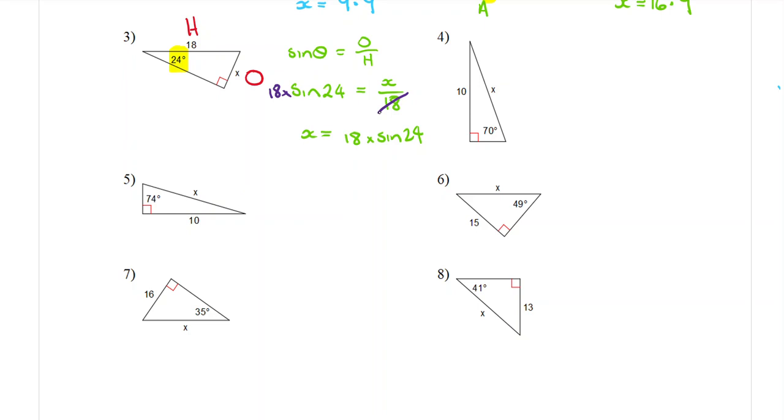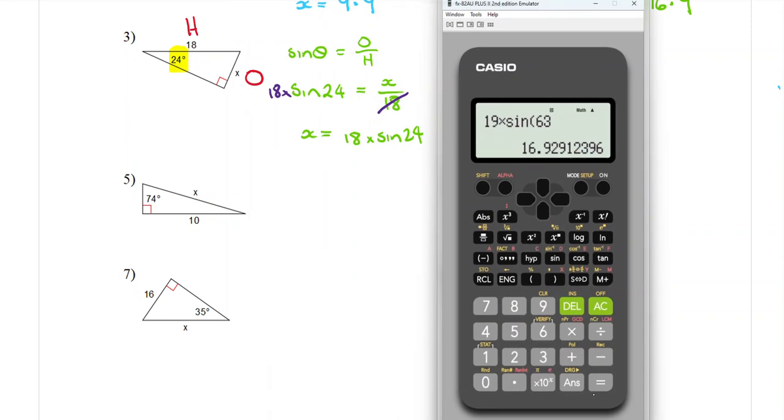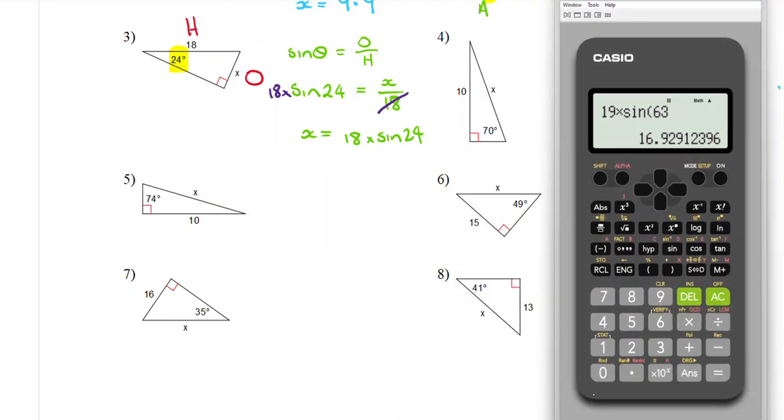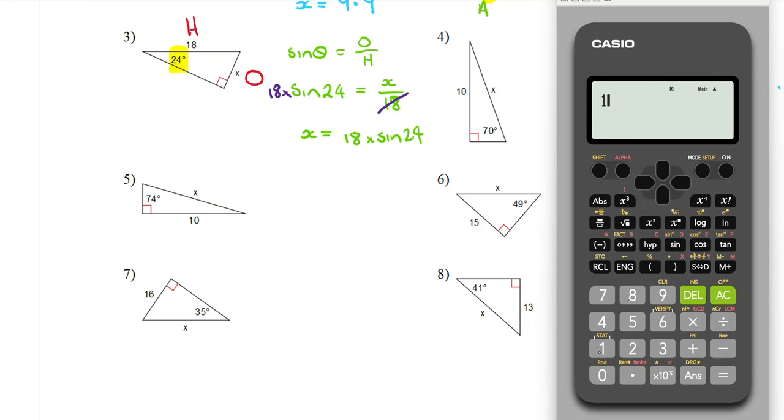Okay, and that's what this is here, 18 times sine 24. Is that a little bit better? Okay, now put that into a calculator. Okay, to one decimal place, 7.3.